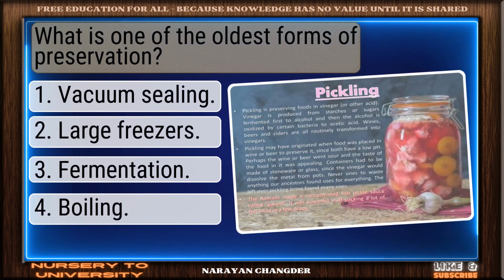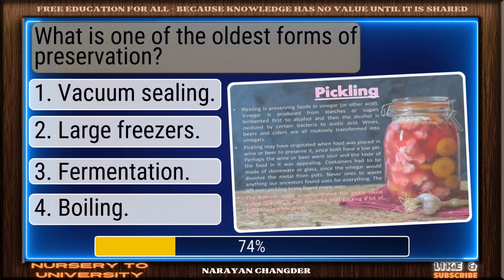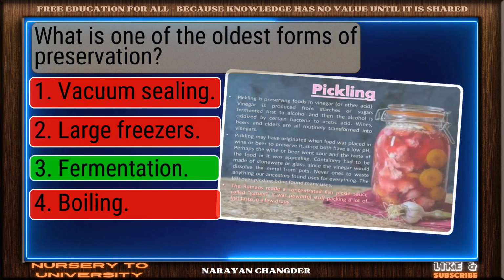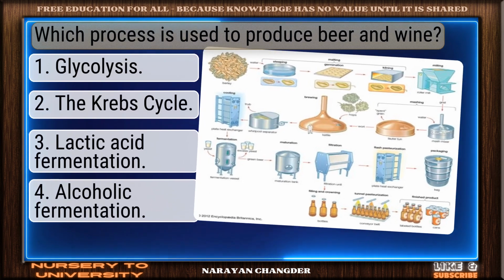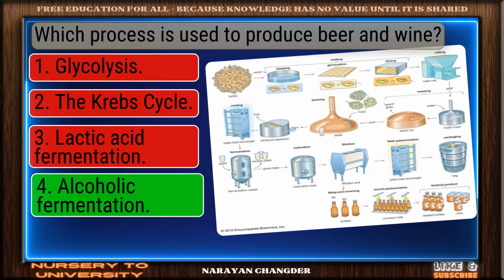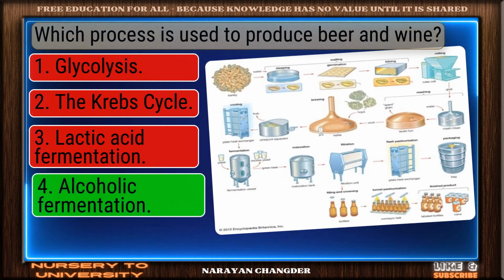What is one of the oldest forms of preservation? Correct. Fermentation is the right answer. Which process is used to produce beer and wine? Nice selection. Alcoholic fermentation is the correct and valid answer.